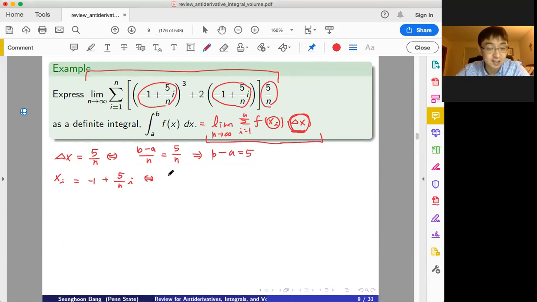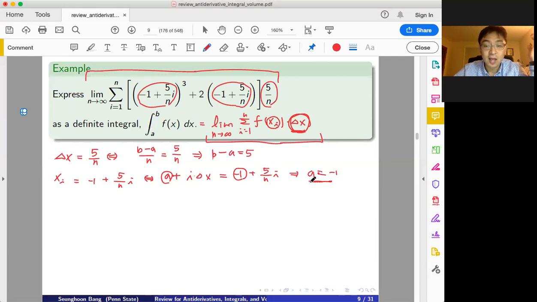The definition of xi is a plus i times delta x, which equals -1 plus 5i over n, right? So this a is exactly the same as -1. From here, we know a equals -1.